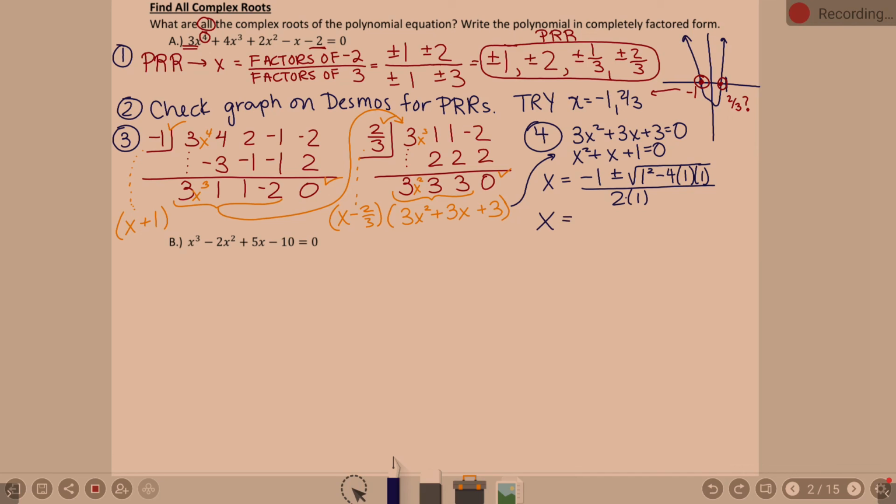I did better on my paper, but negative 1 plus or minus, what's under that square root? 1 squared minus 4 times 1 times 1. 1 minus 4, which is negative 3, all over 2.